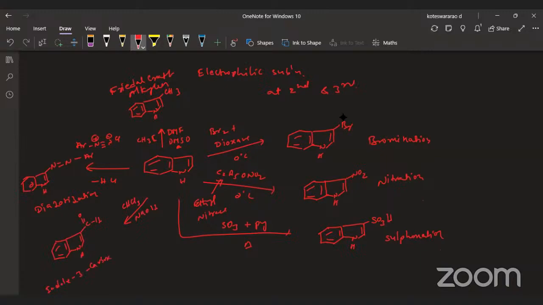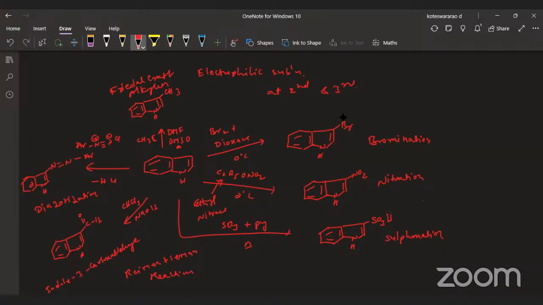This is called the Reimer-Tiemann reaction. These are all the different kinds of reactions it is involved in.